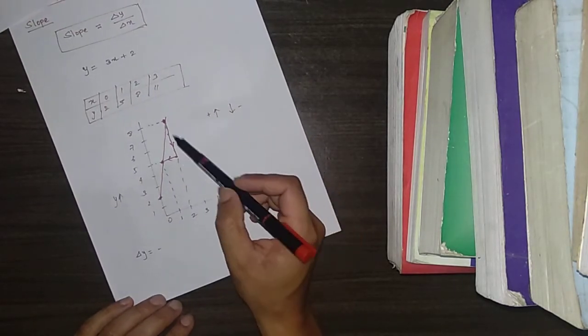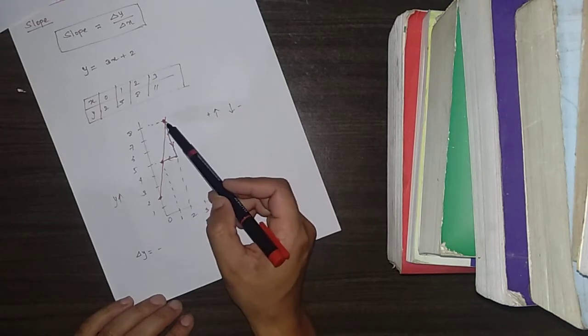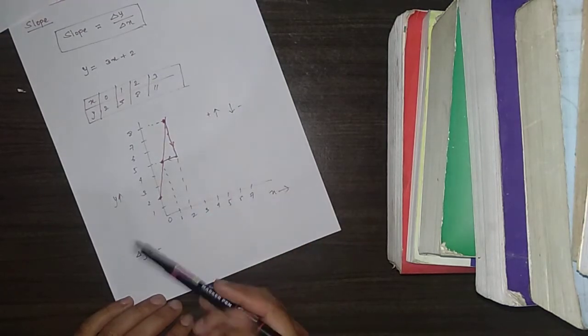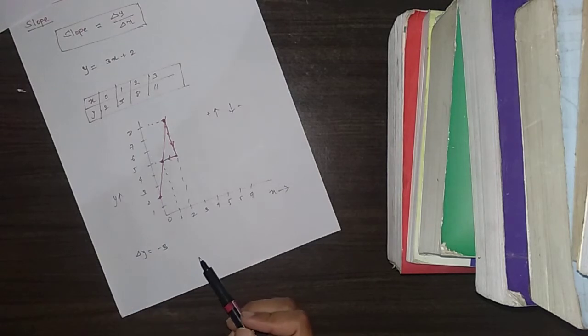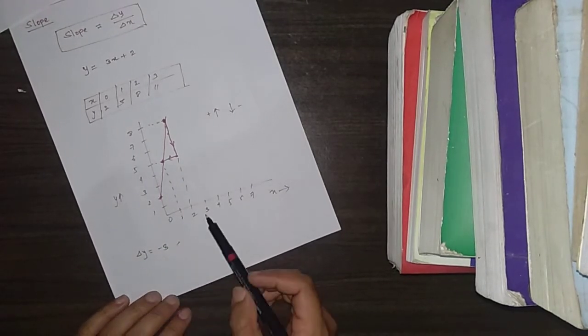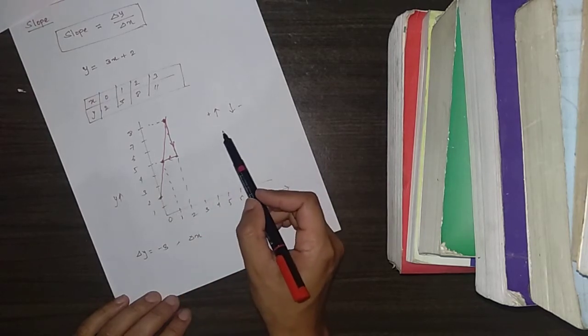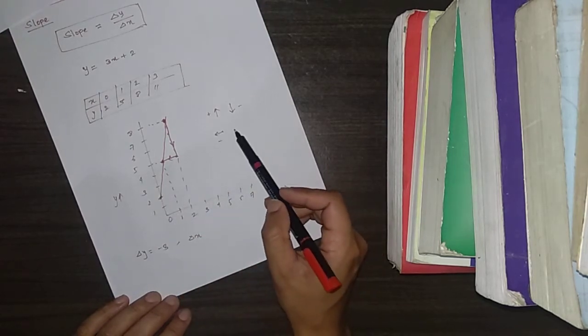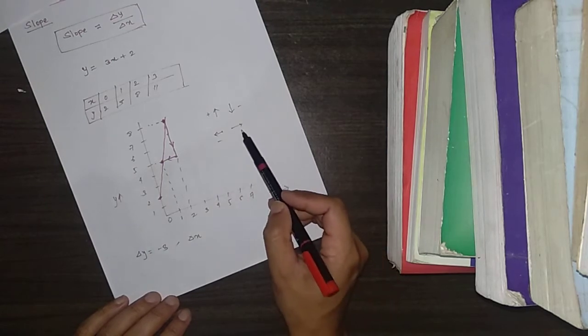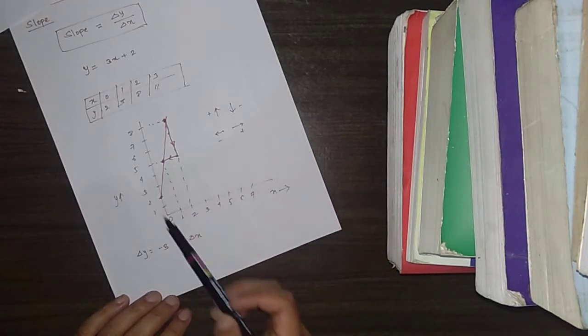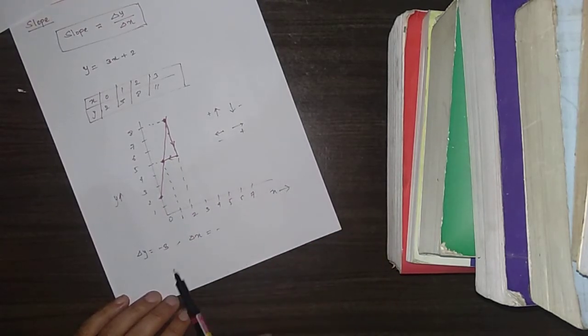And how much are you going down? You have gone from 8 to 5. That means you've traveled 3 values, so minus 3 is the change in y. Similarly for the change in x, you have gone to the left. Left along the axis is negative and right is positive, so delta x is negative.